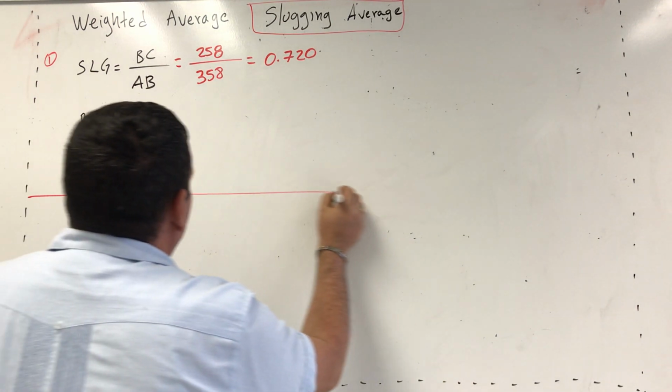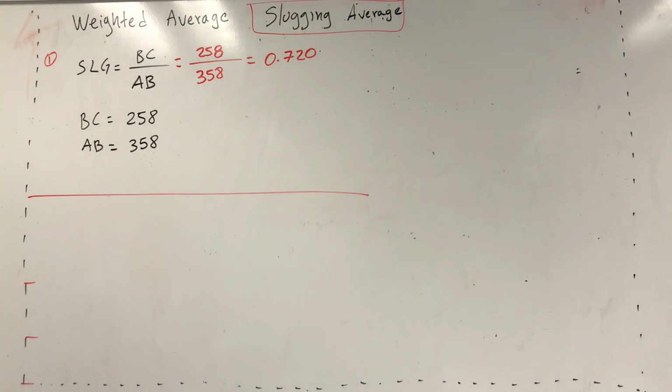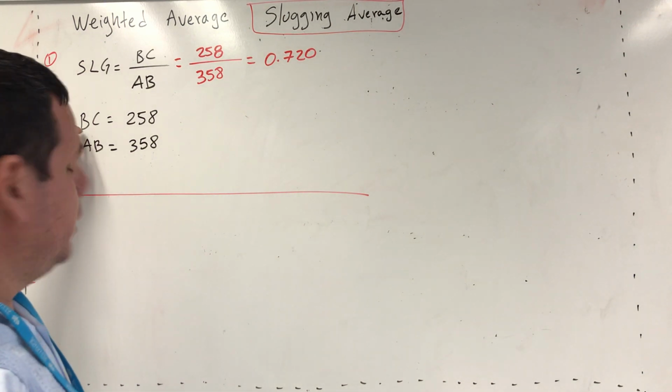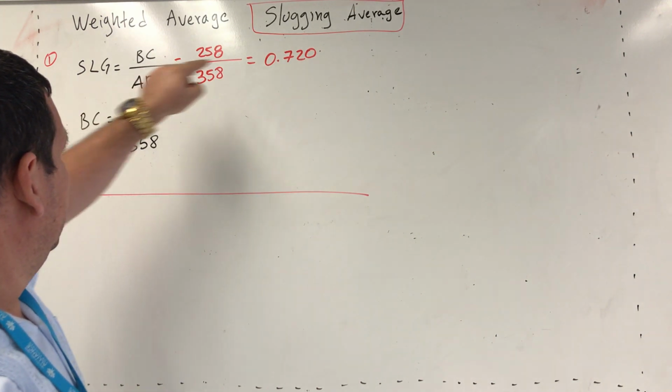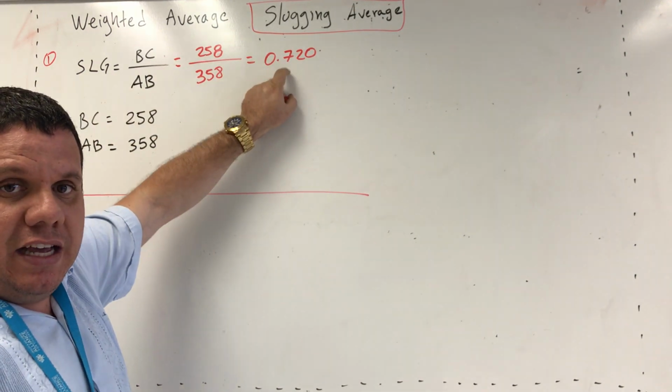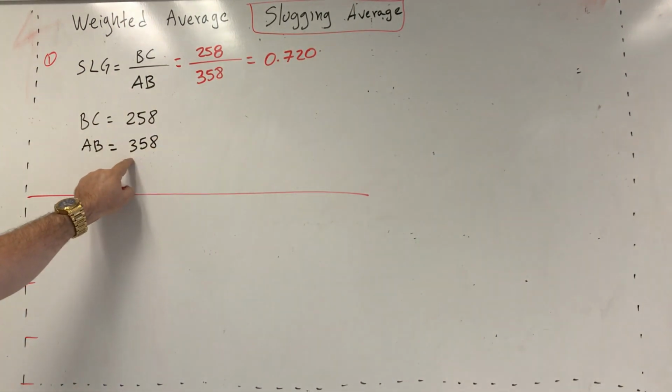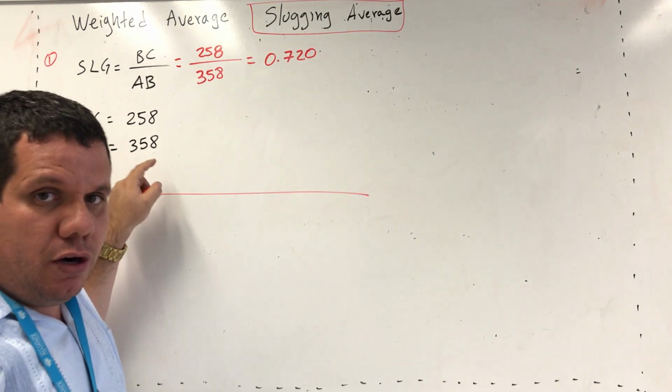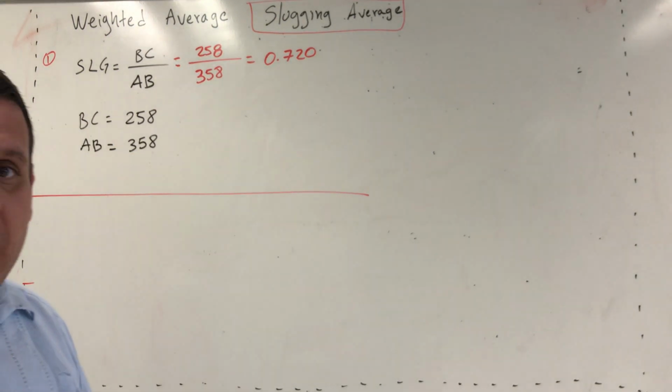Okay, I will continue with another problem in this space. All right, how do you get the bases when you have this information that is the slugging average and you have the at bat that the player went to bat?